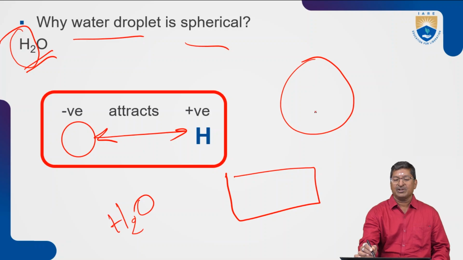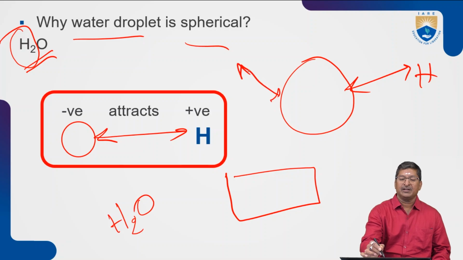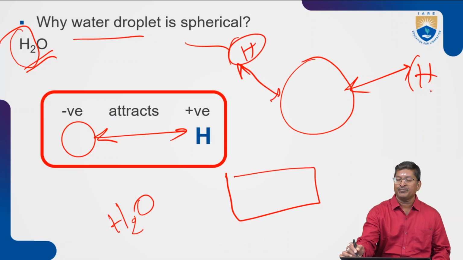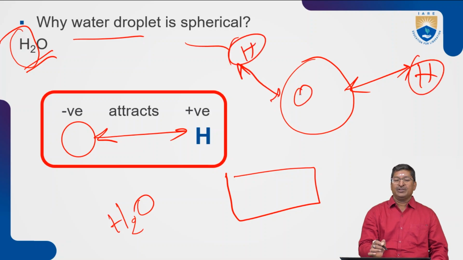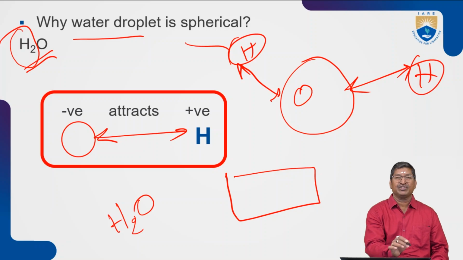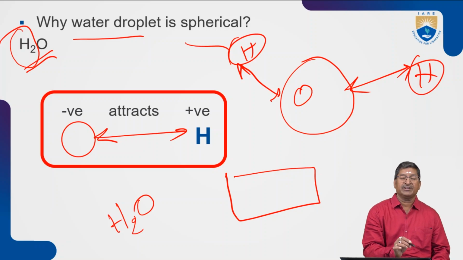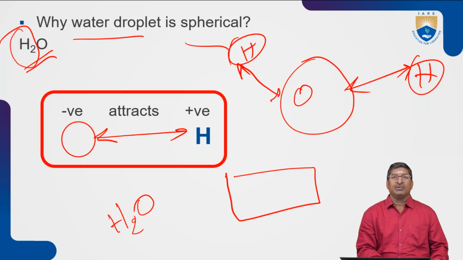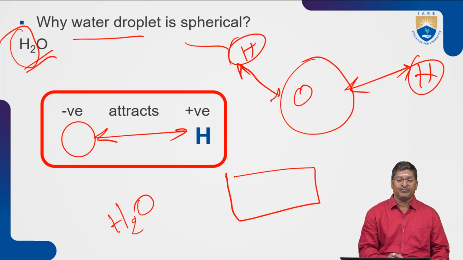So if oxygen is here, it attracts one H and it attracts another H also. This is oxygen. So one oxygen will attract two hydrogens. That's why a molecule is formed, which is called H2O. It is nothing but the water molecule.